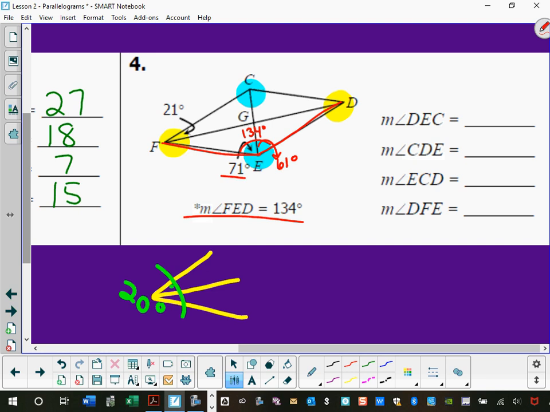Because I know that opposite angles are congruent, that also means the smaller angles. So that means in angle C, this side is going to be 61, that side is going to be, wait, that doesn't add up, 63.